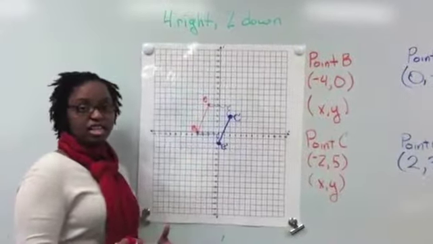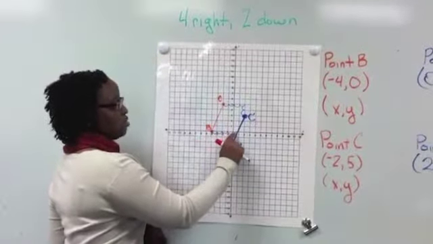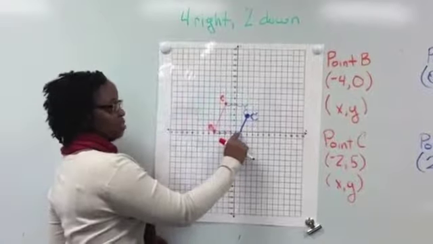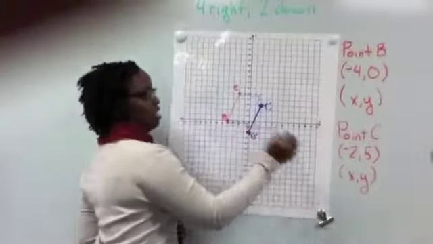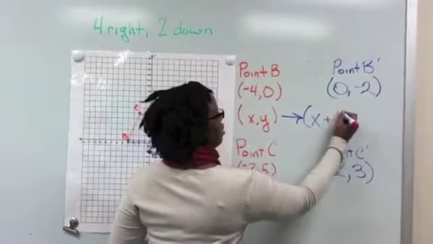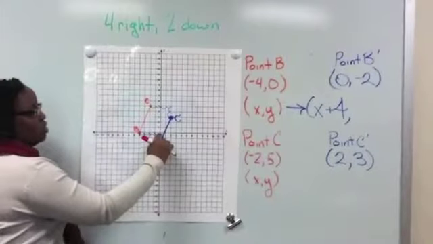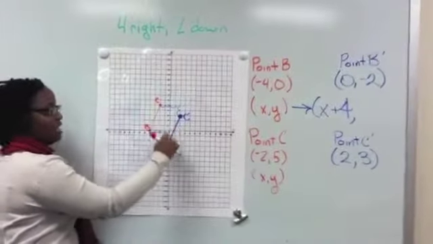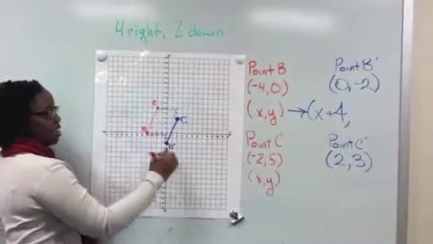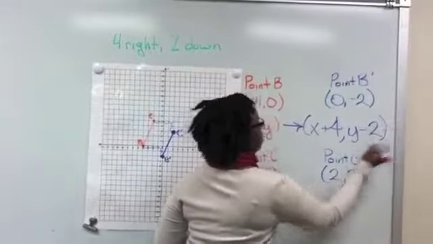Now let's take a look at the arrow notation. If I take point B and I go 4 to the right, that's 4 in the positive direction. So my x-coordinate is adding 4. My y-coordinate went 2 down, or 2 in the negative direction, so that's y -2.